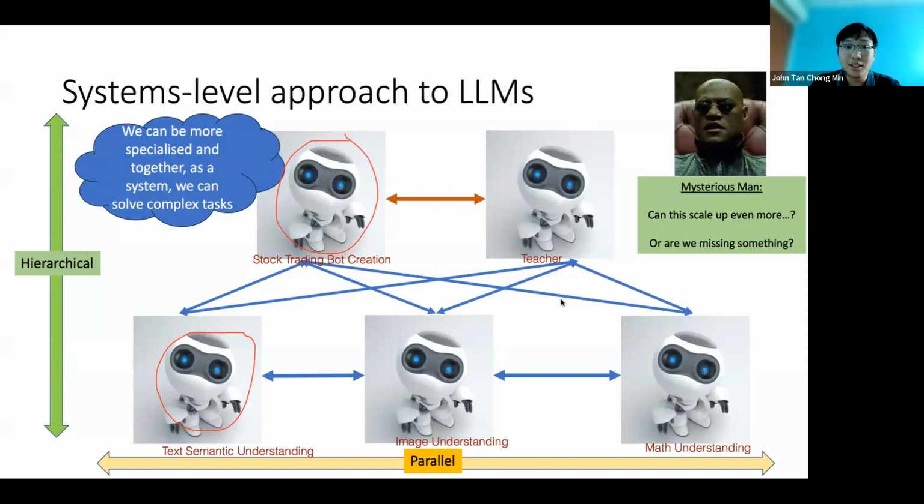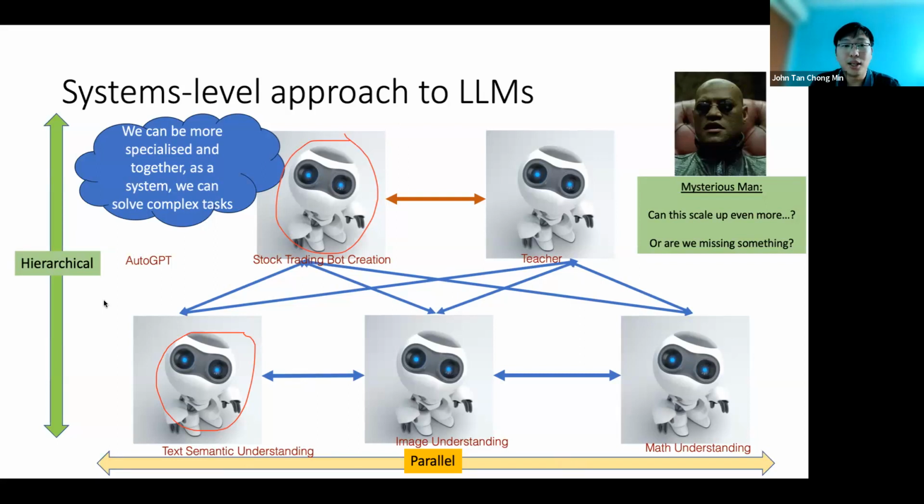So this is a very exciting idea because with this kind of systems level approach, you can solve a lot more complicated stuff. And you can check out big names like AutoGPT that tries to do this kind of goal planning, with different agents doing different goals. This is quite interesting.